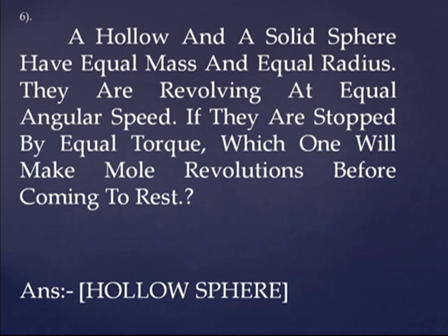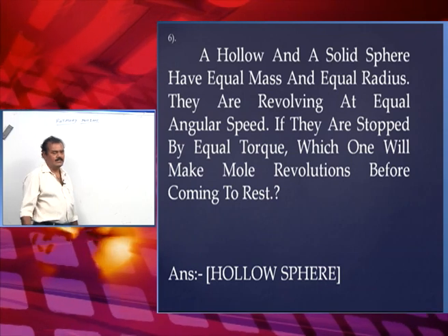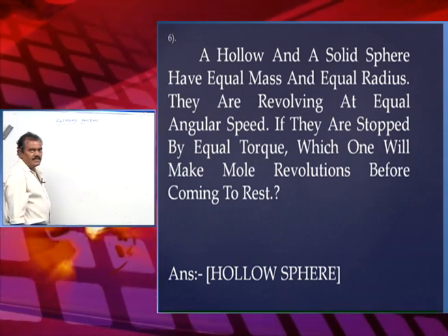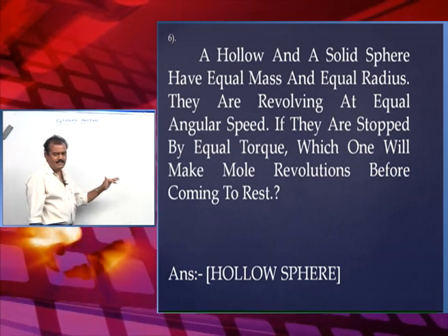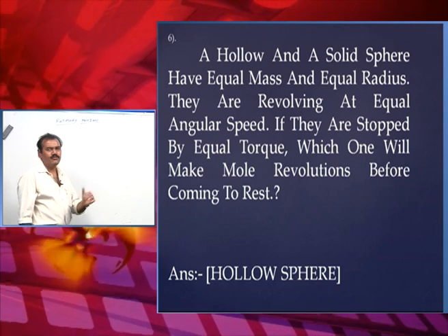So it is just similar to the problem which comes in translatory motion, but in that case, instead of the hollow and solid sphere, you have a car and a lorry. Suppose a car in translatory motion, I give an example like this. A car and a lorry are moving with the same velocity and they are subjected to the same retarding force.